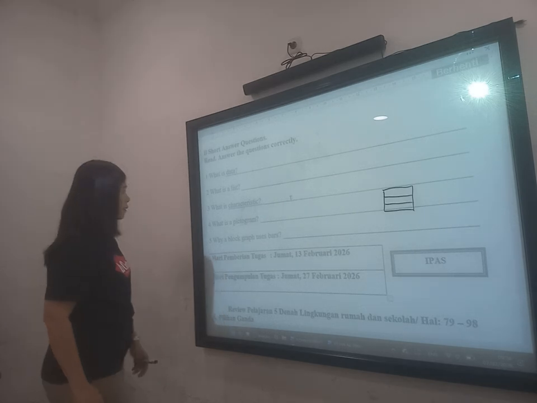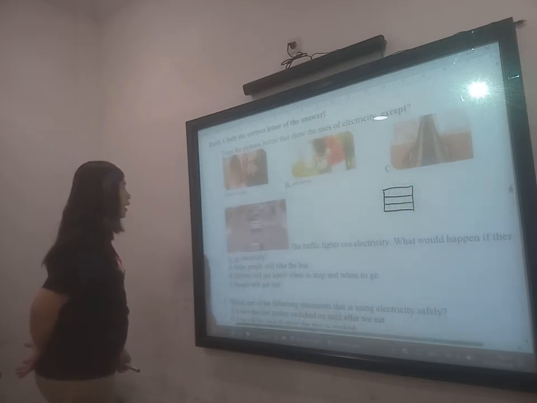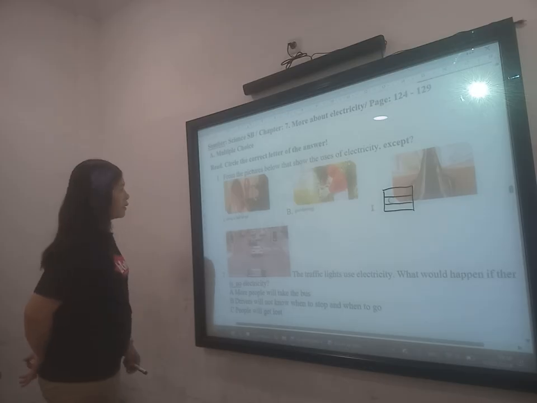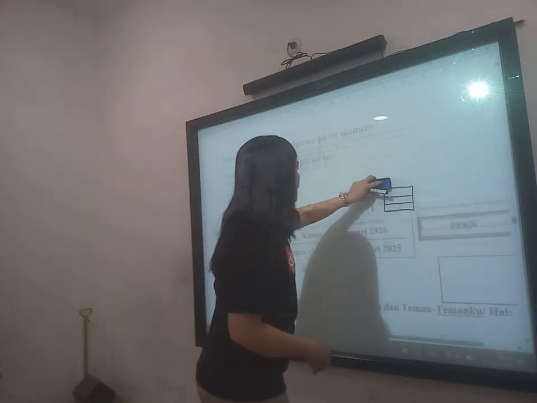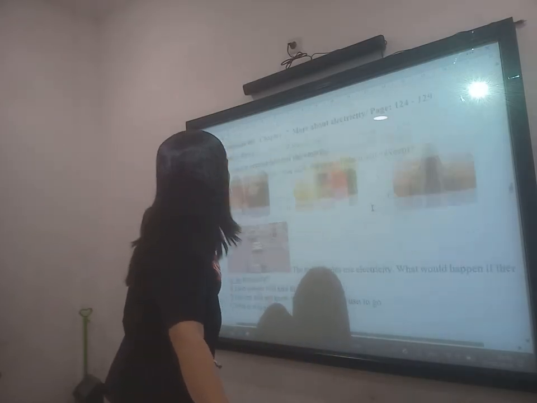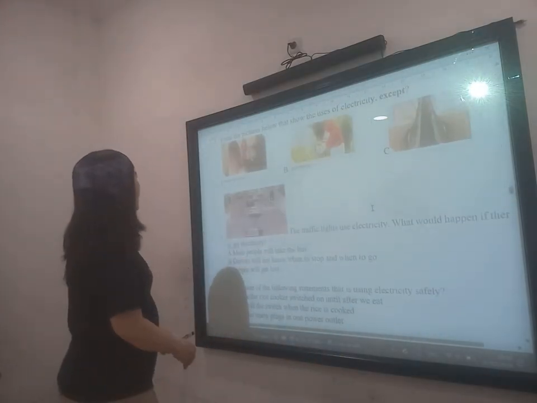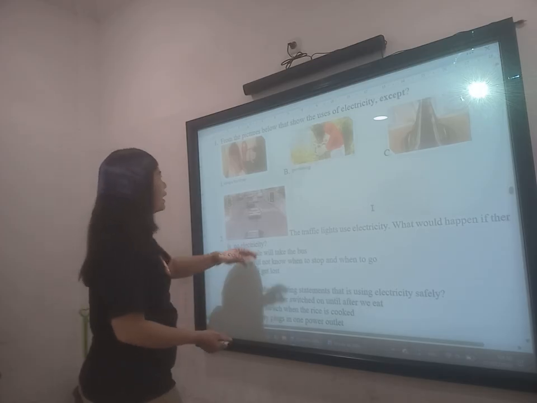Now we move to science. From the topic pictures below, electricity. Let me check first. Question number 1. From the pictures below to show the use of electricity except B, gardening.